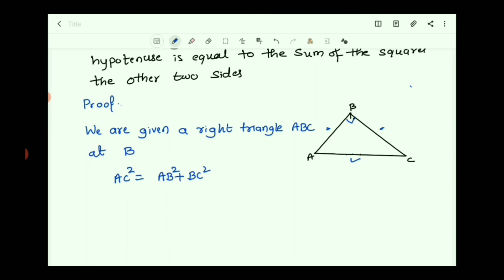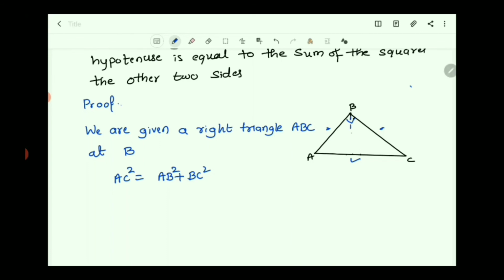Here there is a requirement of construction. You see the right angled vertex here. You know that angle B is the right angle, so B is the right angled vertex. From the vertex B to the hypotenuse, you draw the perpendicular.